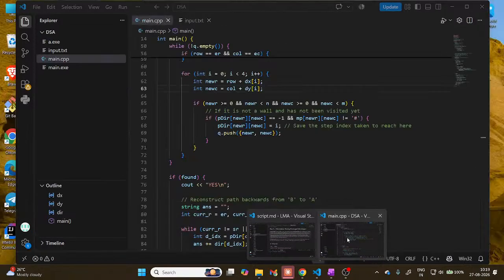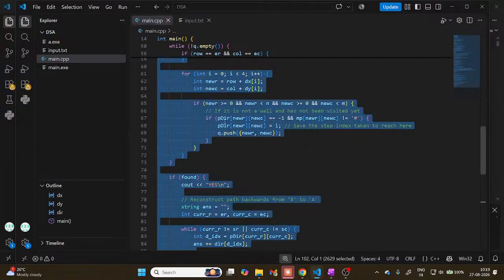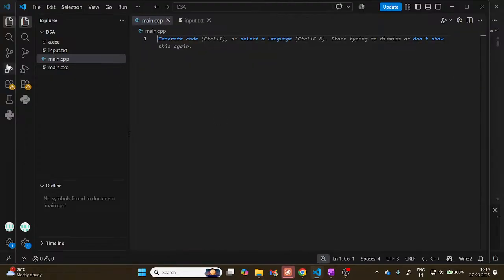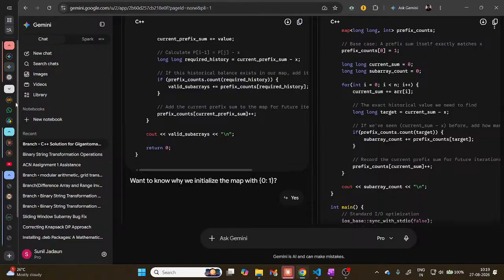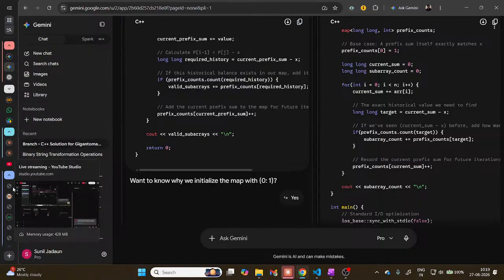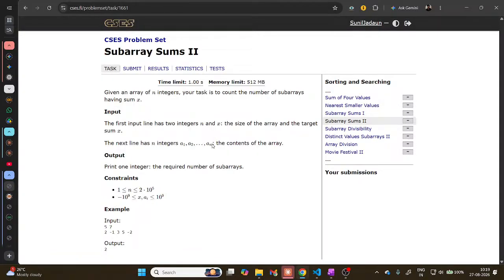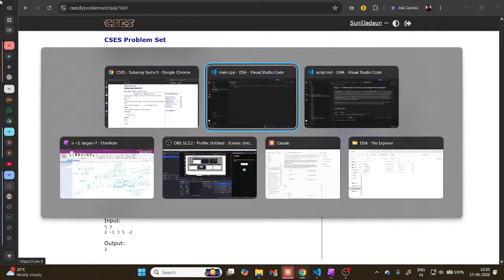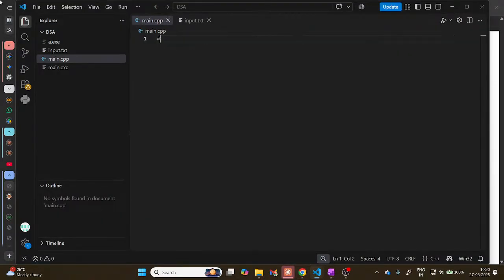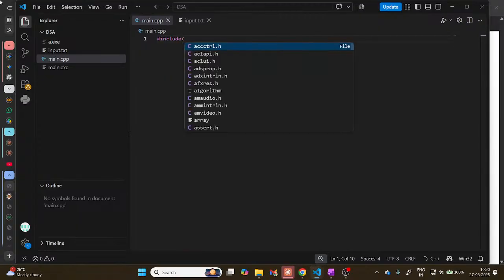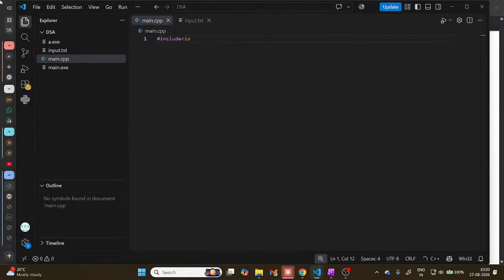Now we have to do it. Okay, so what is the question here? This was the question, right? Input format. Okay, wait. First we have to get the boilerplate, right? Hash include iostream, string, and then I think I need vector also.